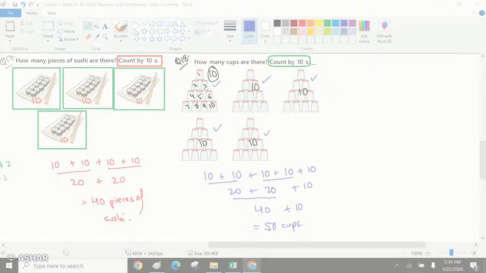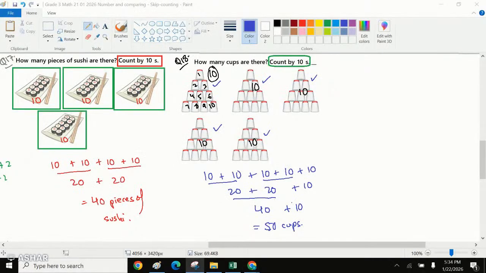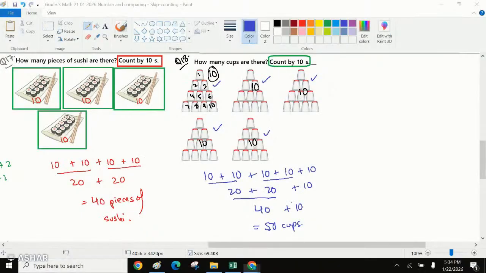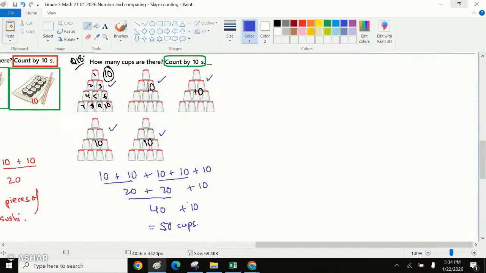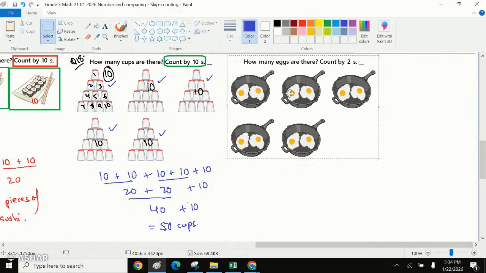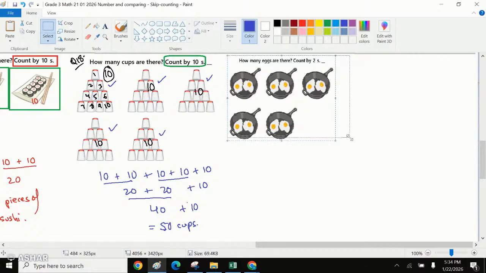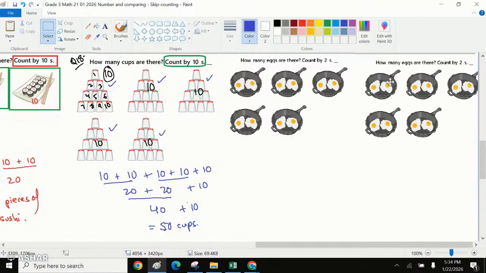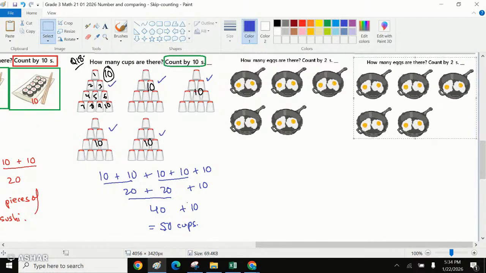Let's say I try to do two questions out of this. Let's try to make it as two questions. First, they're asking us to count by twos and then a different count.